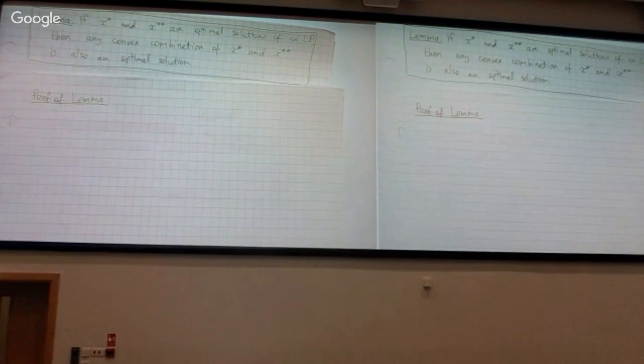What it says is if you have two different optimal solutions, then any convex combination of these two solutions is also optimal. Well, if they're not different, all convex combinations are the same point. So there are two things that we have to prove.